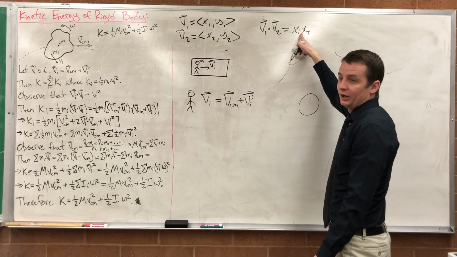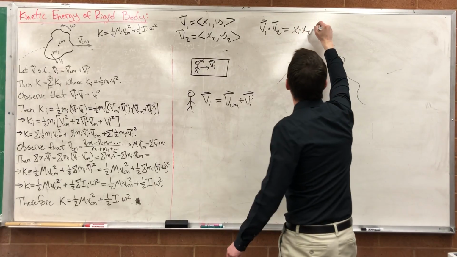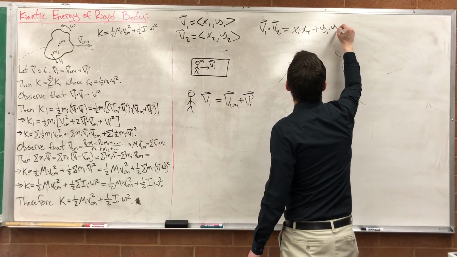Here we're talking about dot product between vectors; over here we're just talking about numbers, so we're just talking about times.